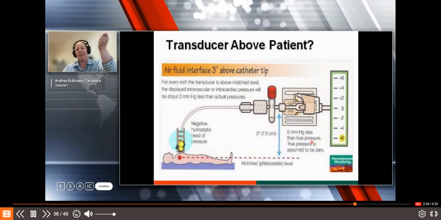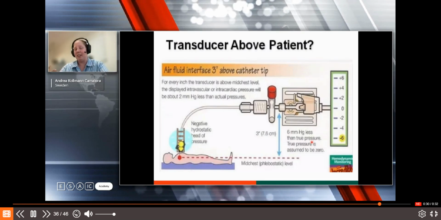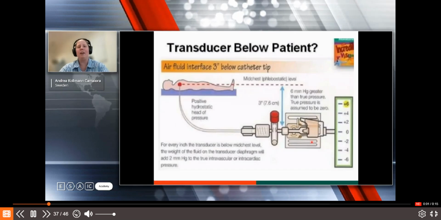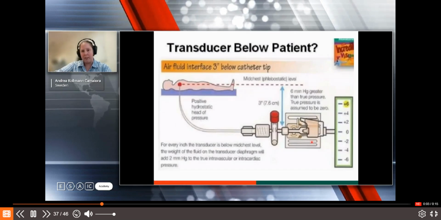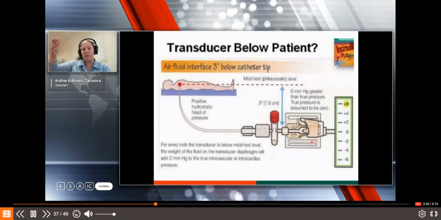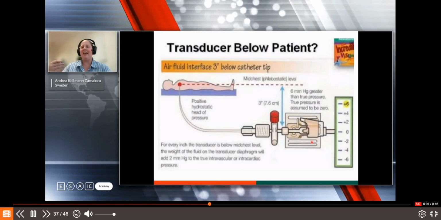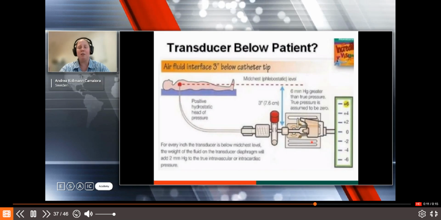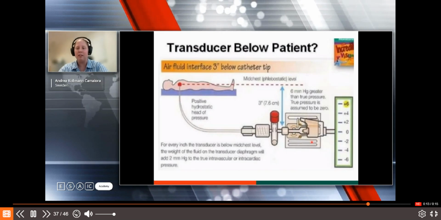So I get less than what I actually have. It's lost in the process. But if my transducer is below the patient, then you get much higher pressures because you're adding extra energy, for example, gravity. So it's important that the transducer is at heart level.